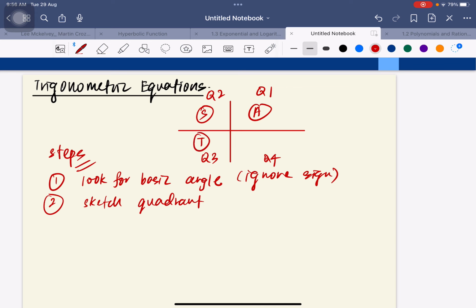In the third quadrant, tangent is positive, and cos is positive in the fourth quadrant. So we determine which quadrant to choose based on the negative or positive sign given by the question.